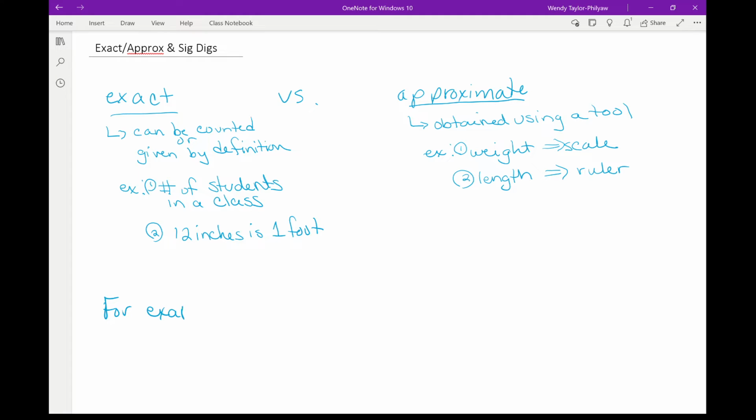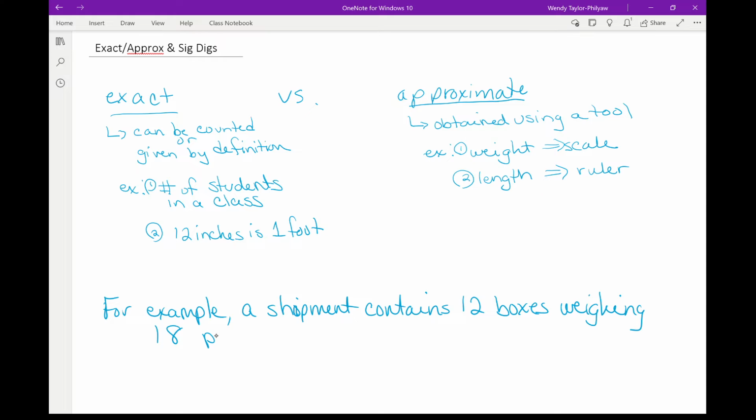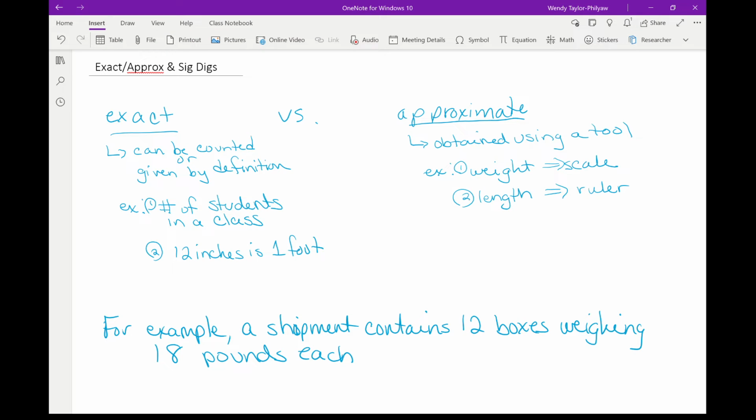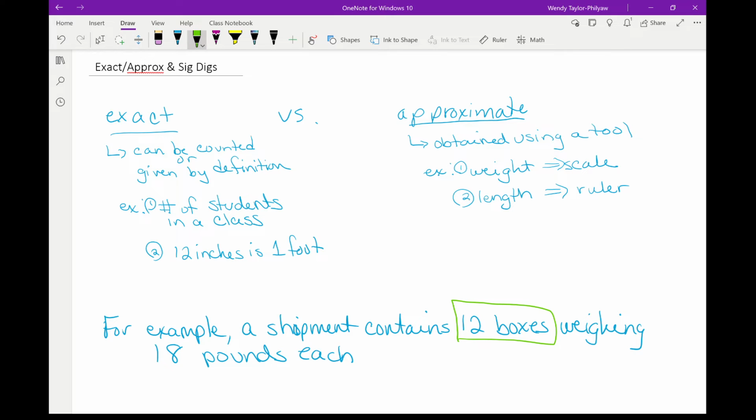For example, if we did know that a shipment contained 12 boxes weighing 18 pounds each, if we look at these two numbers, 12 boxes, we can count those, which means 12 would be an exact number.